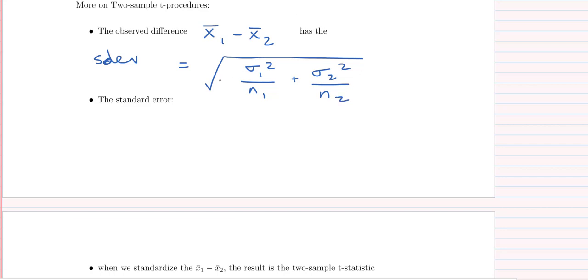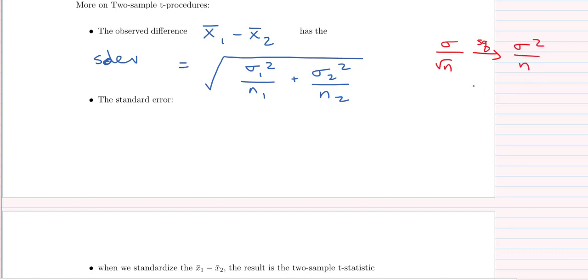Where these formulas come from requires a lot more theory than we're going to discuss in this class, because it comes from calculus-based statistics. But to give you some intuition, recall that a single sampling distribution has the standard deviation sigma over square root n. If we square this, then we get sigma squared over n.